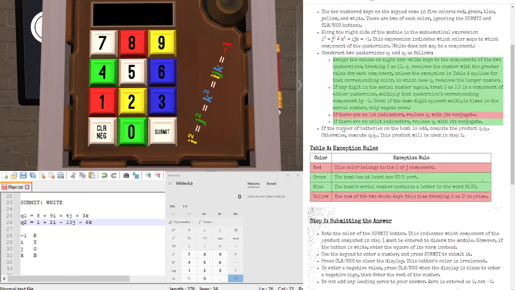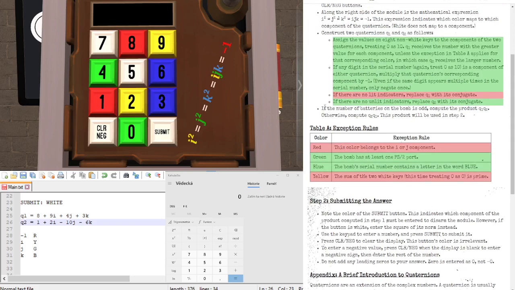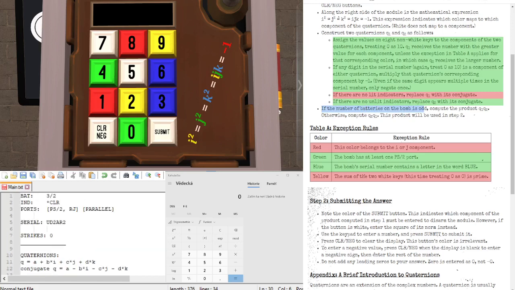And the last thing, we need to know what we need to calculate. It's always a product of those two, but we need to know the order, because the multiplication in quaternions is anti-commutative. So the order matters in this case. And if the number of batteries is odd, which it is, 3 is an odd number, then we compute the product of Q1 times Q2.